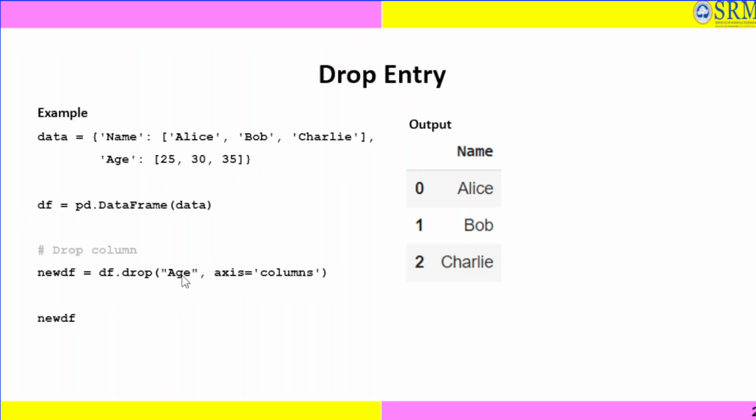Age is the column which I'm going to drop, and then you set the axis. Axis equal to column, so column-wise dropping will be happening. So df dot drop gives the new, modified data frame. The age column is removed and only the name column will be stored in the new data frame, and we are displaying the new data frame.